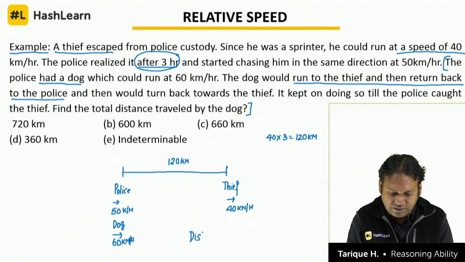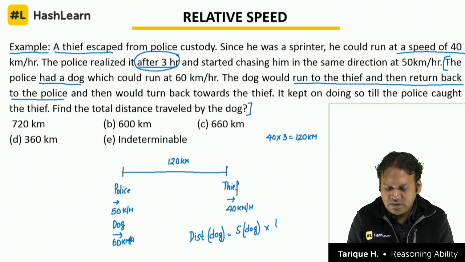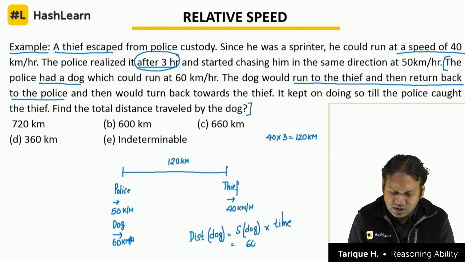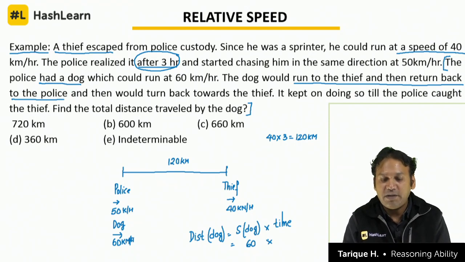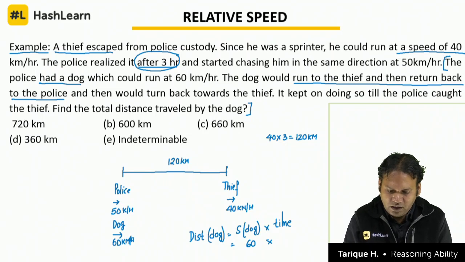So distance covered by the dog will be equal to speed of the dog into time for which the dog is running. Now speed of dog is given to us, so what is the only thing that we have to calculate in this question? ठीक है, इतना लंबा बड़ा क्वेश्चन में सिर्फ एक चीज है जो हमें पता करना है.